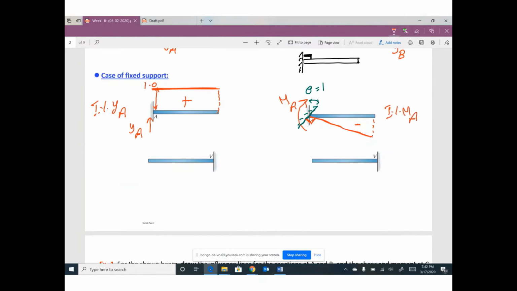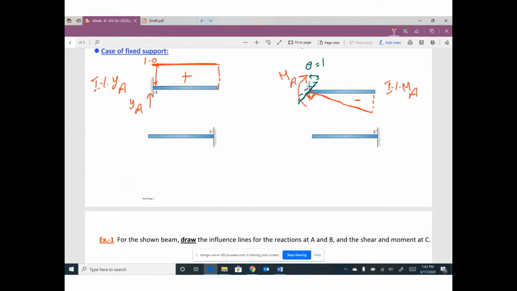One more time, with your fixed support on the right side, nothing will be changed. We have YA and we have a moment. Your moment would like to make this member smile. We have MA like this. Push your support up by 1. If you push this fixed support up by 1, the whole beam will move up by 1. This shape can be called the influence line for YA. To draw the influence line for MA, rotate this fixed support by theta equal 1.